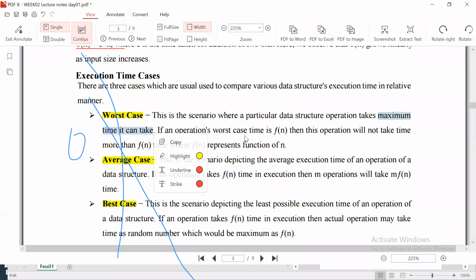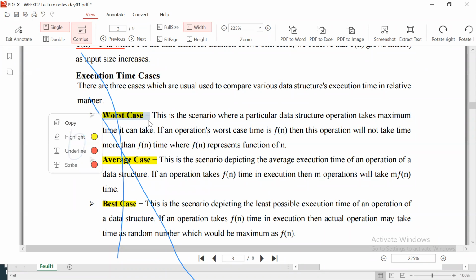For example, if the algorithm with n inputs can take a maximum of 10 seconds and can never take more than 10 seconds, this is the worst case scenario of that algorithm, when it is taking the maximum time that it can take.